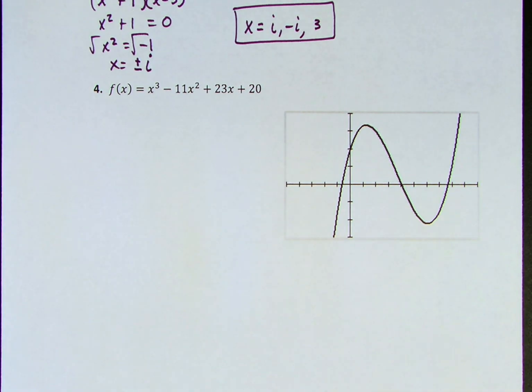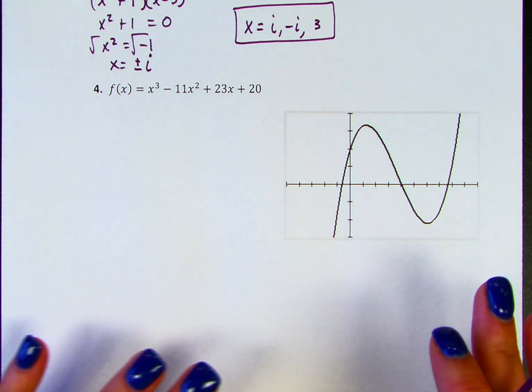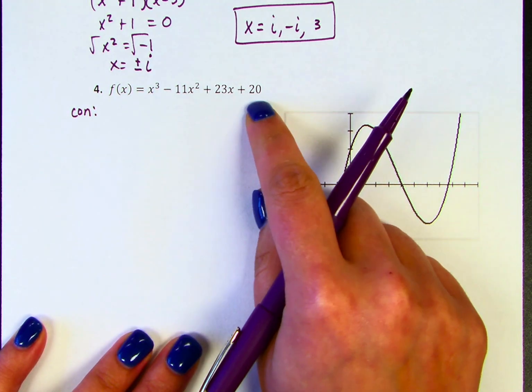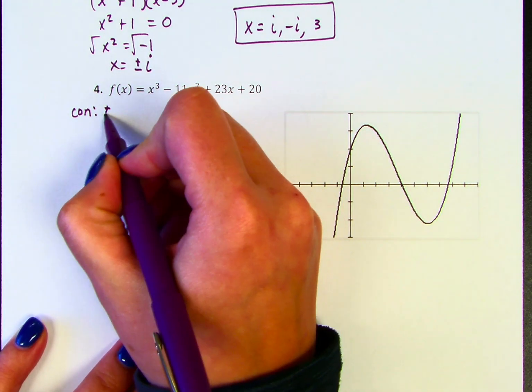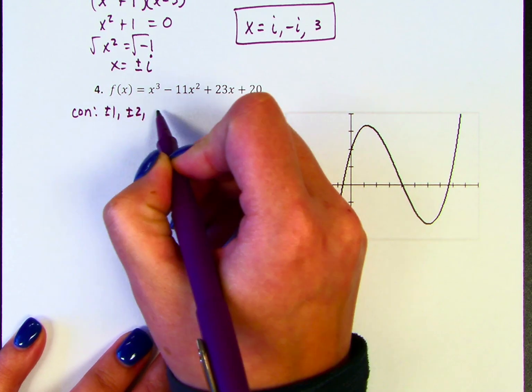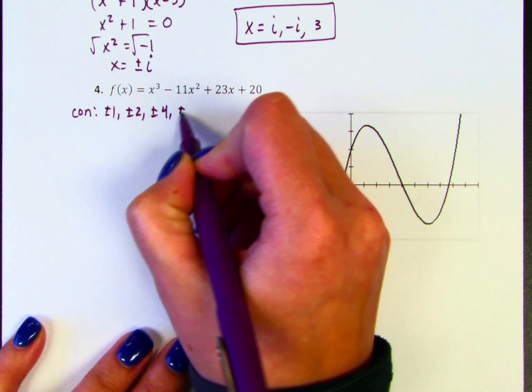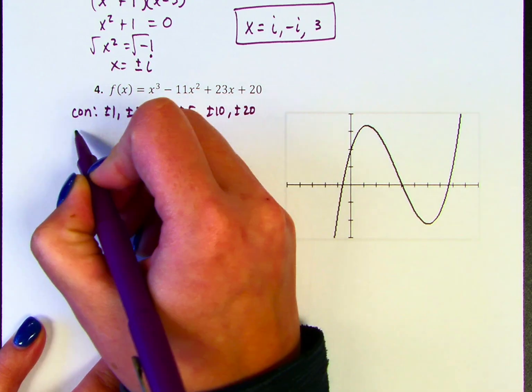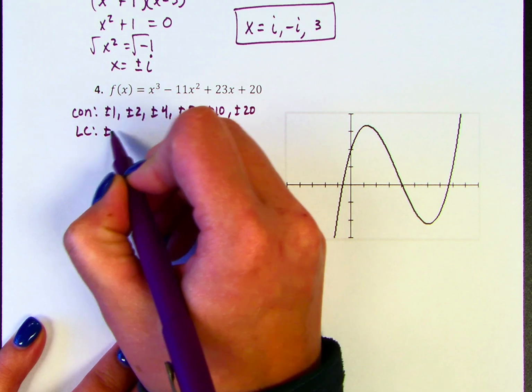All right, so if we keep going, now again, just to make sure that we are understanding what's going on with that picture, the constant is our 20. So all the numbers that divide into 20 are 1, 2, 4, 5, 10, and 20. And then our leading coefficient is 1.